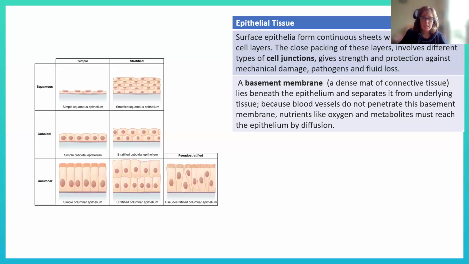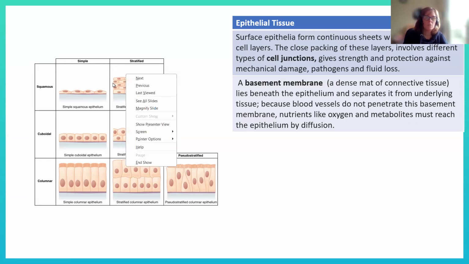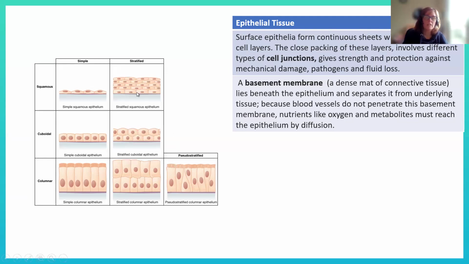It's got a basement membrane, which, have a look at this if you think about like a good lining to some sort of structure. Like think how well protected that stratified layer would be.